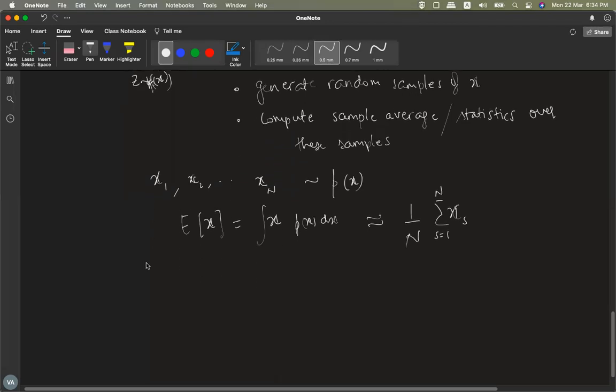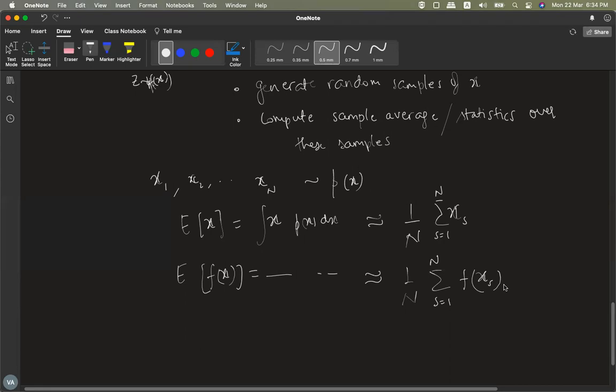And similarly, the expected value of f of x, which is analytically intractable, can be approximated as 1 upon capital N times the sum of f of x_s. So this is one way to approximate statistics for some random variable.